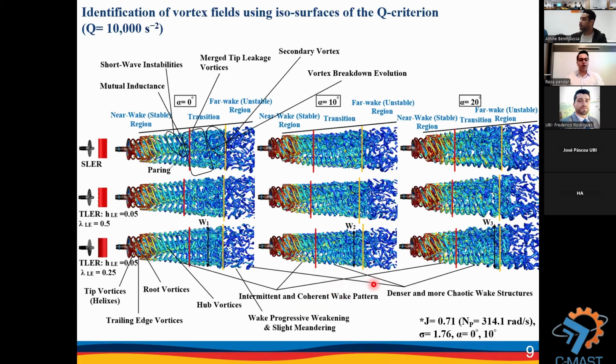Here, I will explain the vortical structure. We considered 3 different patterns of rudder with different wavy patterns.